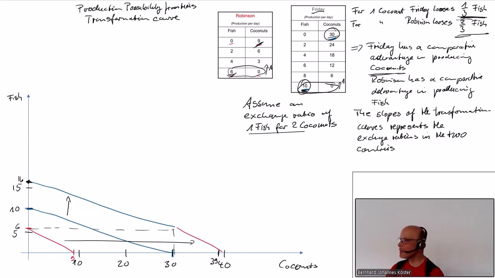The other way around, he has the fish produced, Robinson. If he wants to have a coconut, for reducing the production of fish, he can pick up 1.5 coconuts. If he gets for his fish more than 1.5 coconuts, then he is also happy.